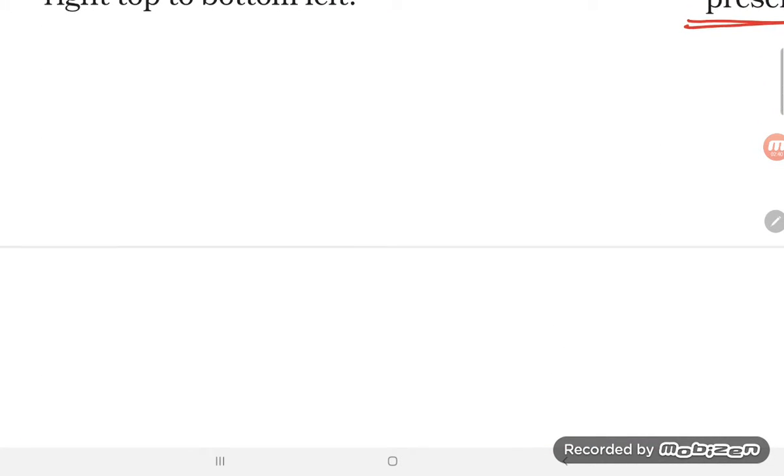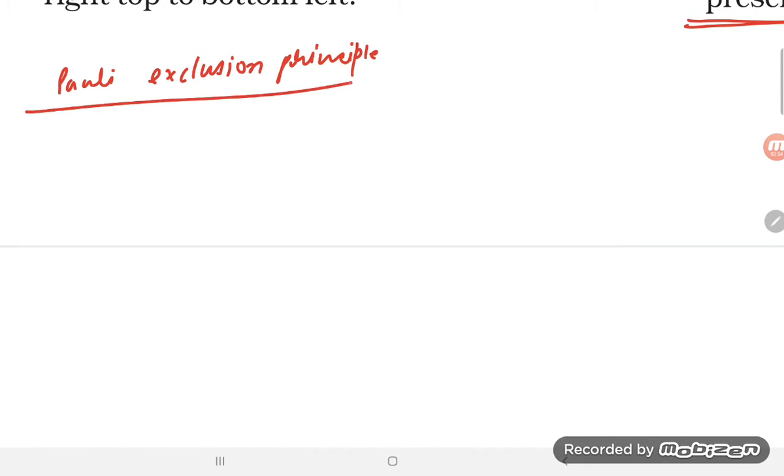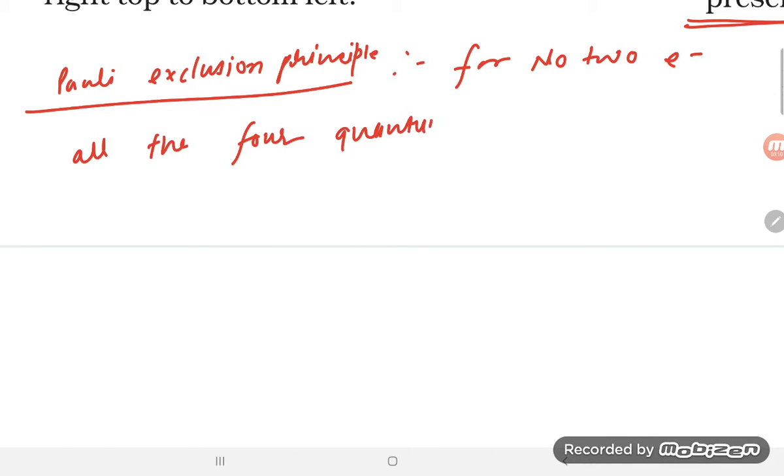Let's see the meaning of the Pauli exclusion principle. They are saying that for no two electrons can all the four quantum numbers be the same.